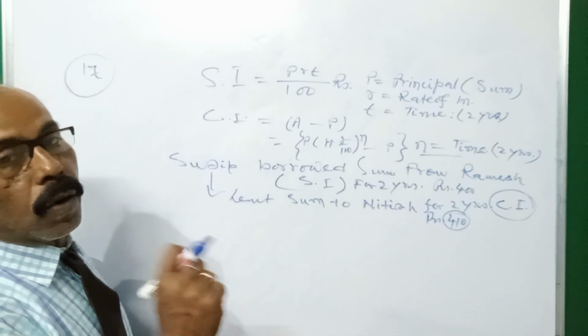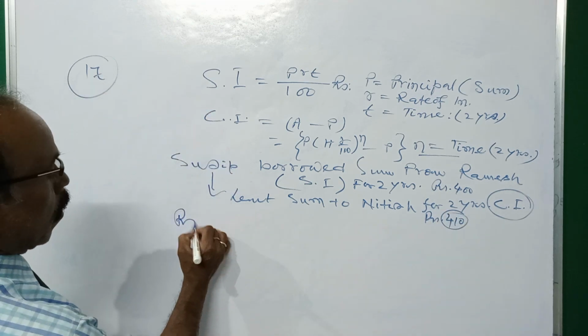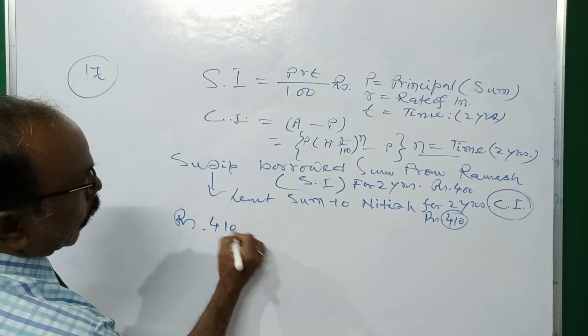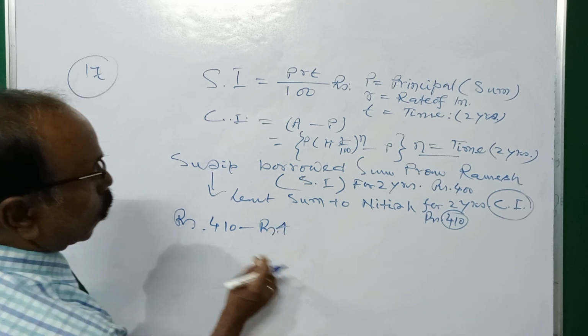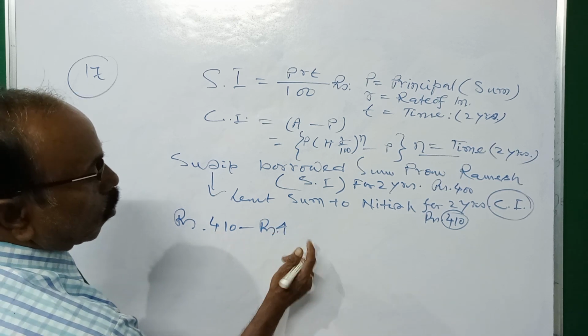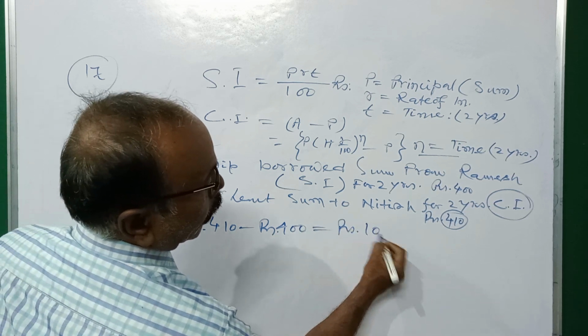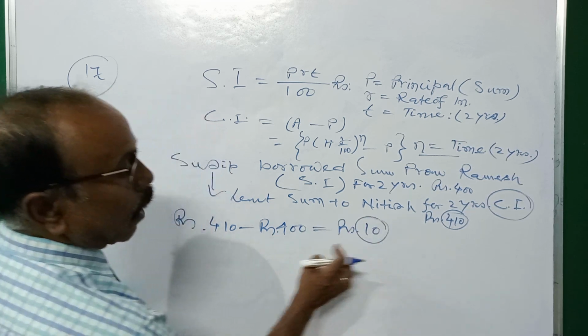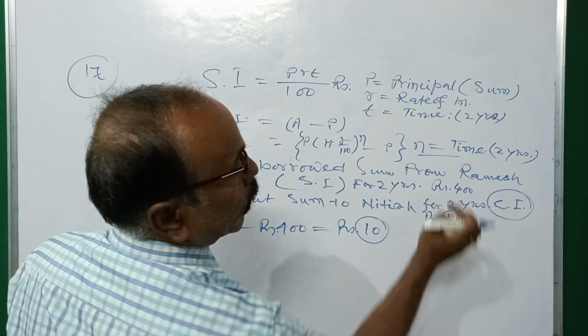That is called compound interest. Here you see, rupees 410 minus rupees 400 is equal to rupees 10. This rupees 10 also comes from the interest of 1 year of simple interest.